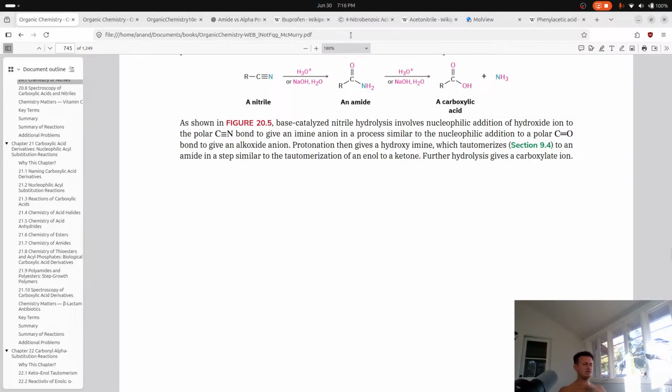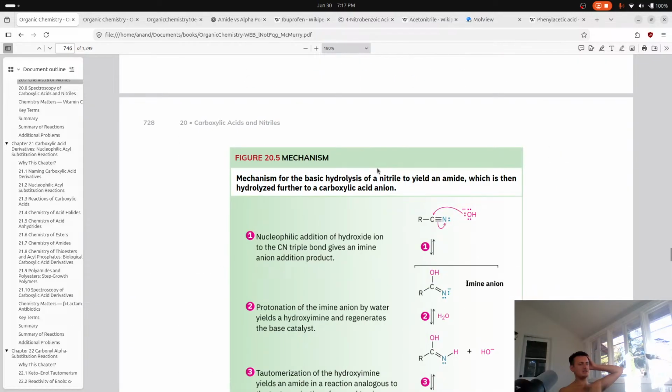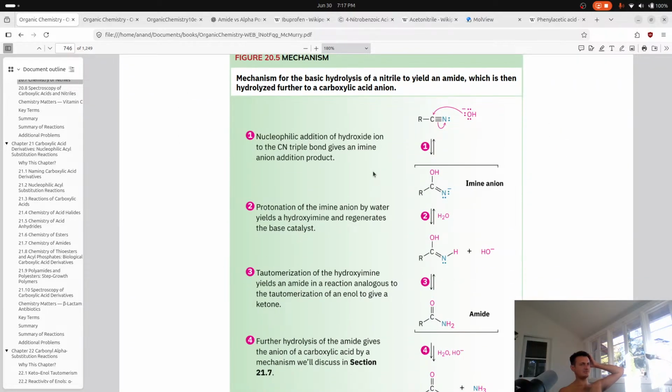So alkoxides and imine anions are kind of similar. Protonation then gives a hydroxyimine which tautomerizes to an amide in a step similar to the tautomerization of an enol to a ketone. Further hydrolysis gives a carboxylate ion. Oh wow, this is a pretty cool mechanism.